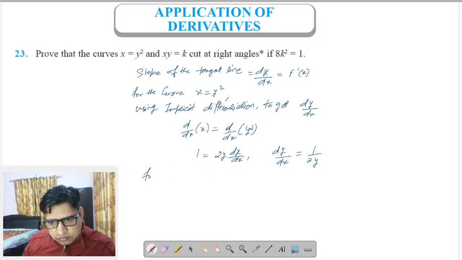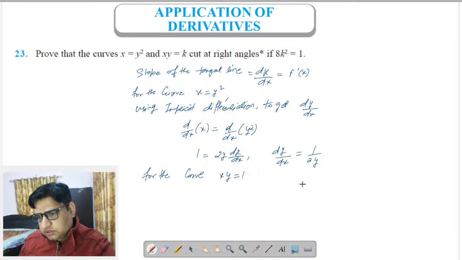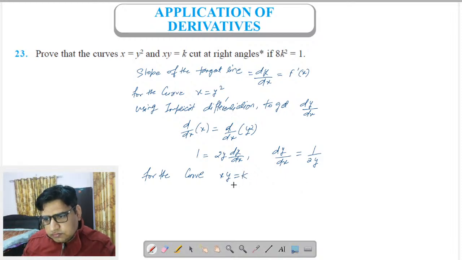Okay, and so this is the slope of one of the tangent lines, and let's try to find it for the curve xy is equal to k, using implicit differentiation to get dy by dx.